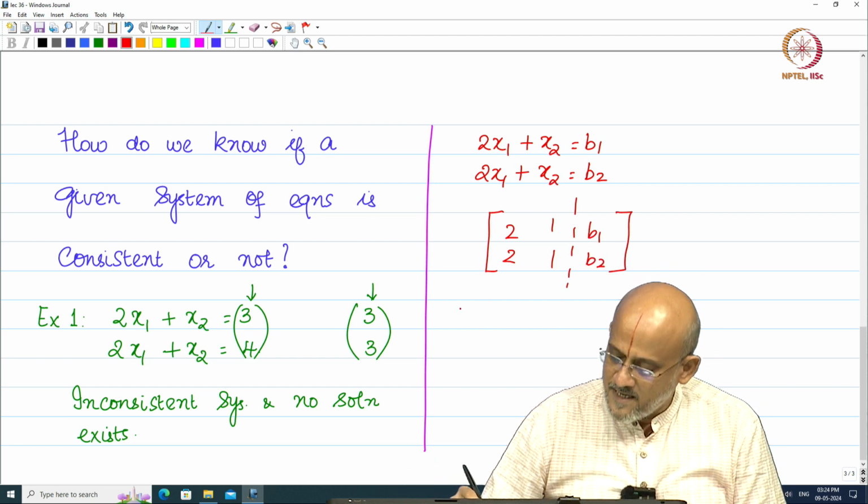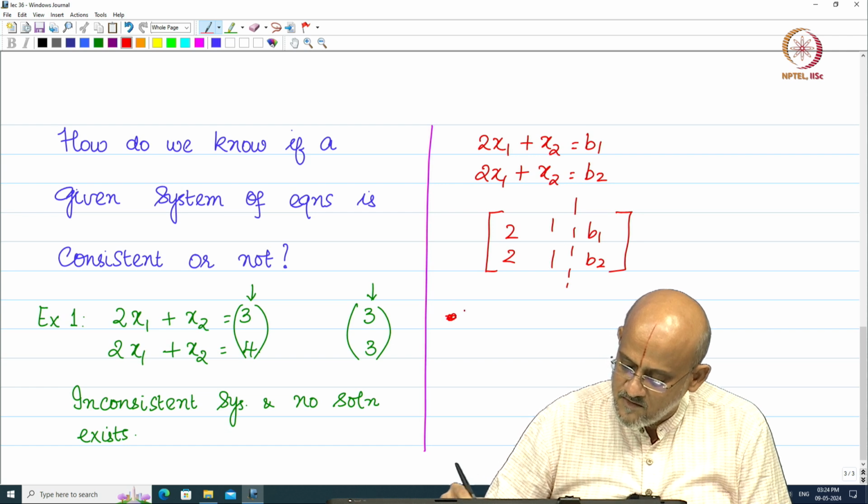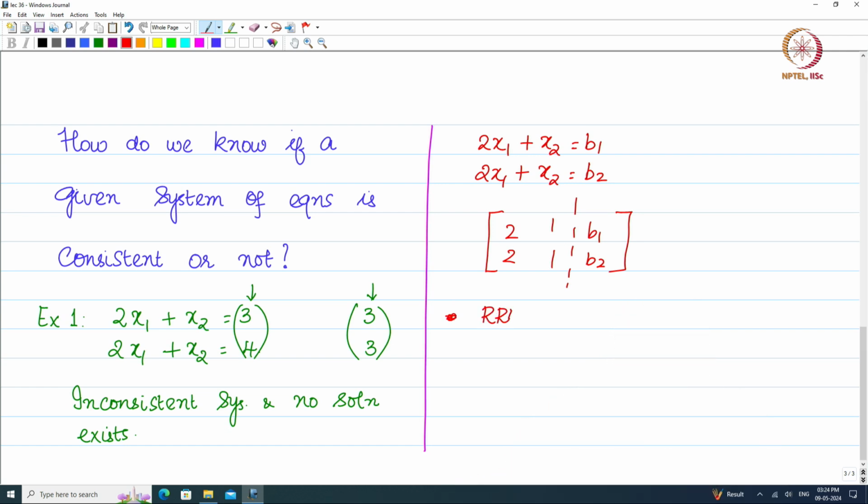Now what do we do? We take the row reduced echelon form, we do the RREF of this. So the matrix A is basically 2 1 2 1, into x1 x2 is equal to, let us take B1 B2. To get the RREF, you do R2 tends to R2 minus R1.